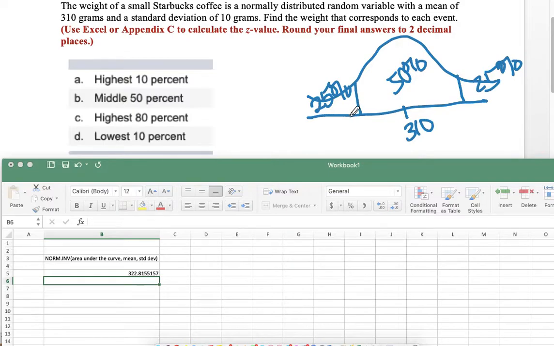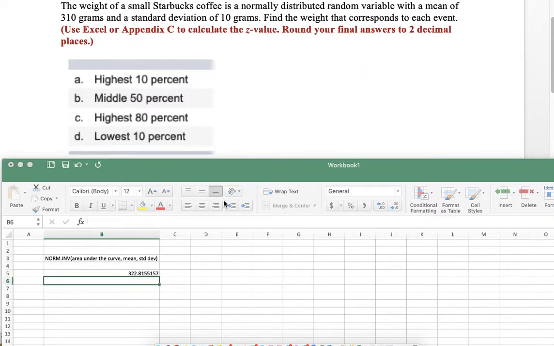We actually want to get this weight. Let's do this one first because that's easier. We just use 0.25 because that's the area to the left.